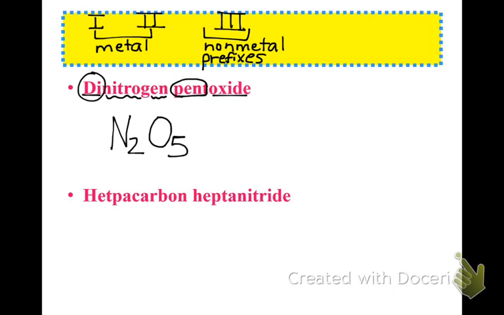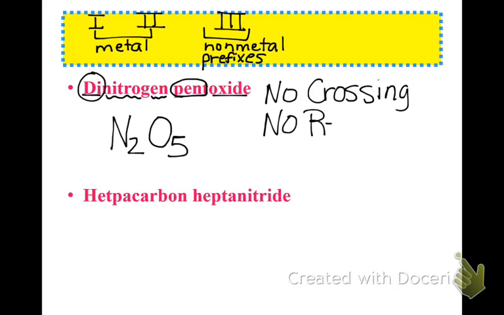Put it after it. So notice there's no crossing. And the other thing you need to make note of is that there is no reducing. No crossing, no reducing. Okay?